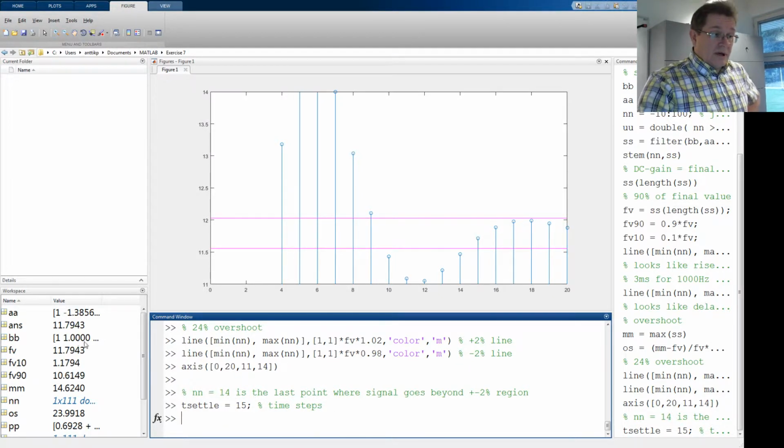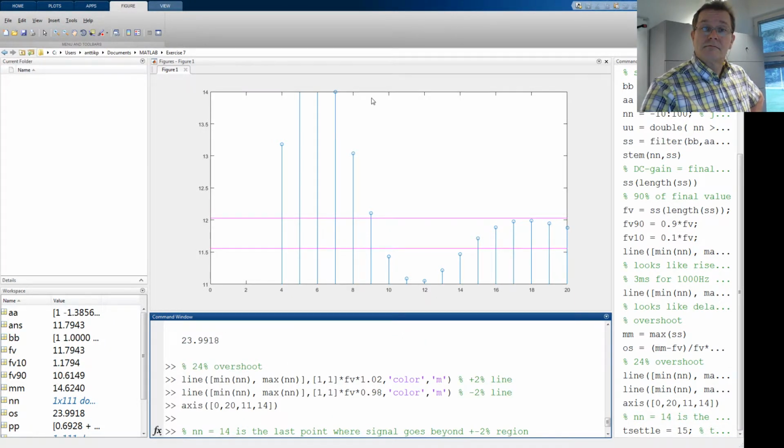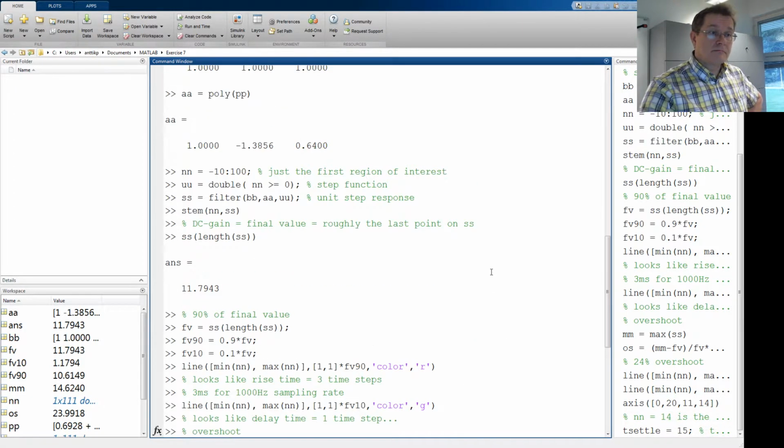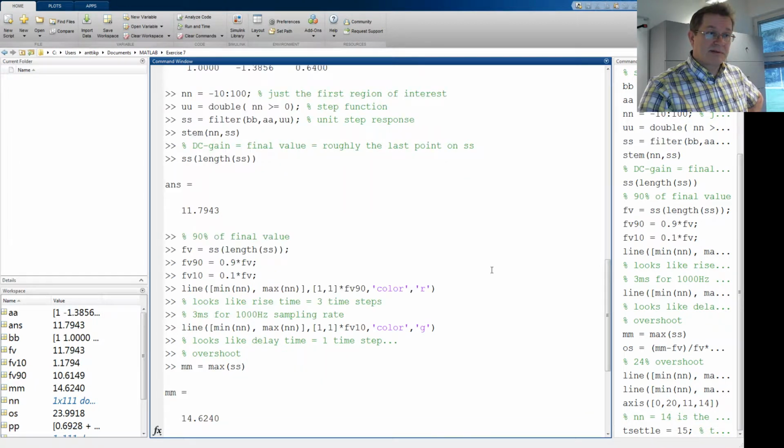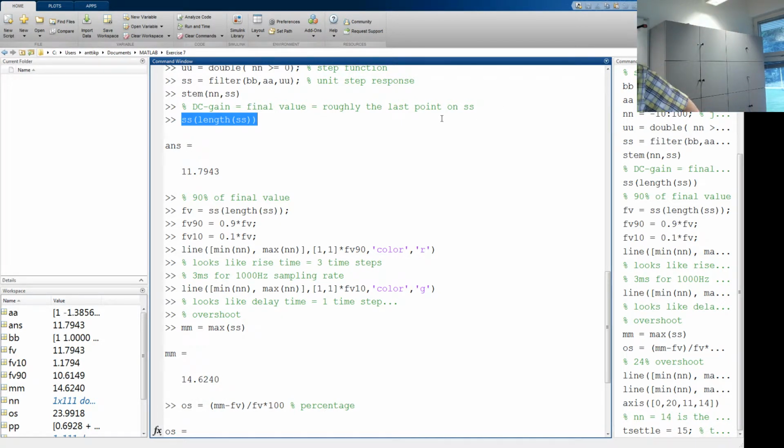Well, first of all, it was the same system, but you have a different system. Then basically calculate the unit step response, stem plot it, and start looking for different values. Roughly the last point of SS, meaning that you must actually observe that the signal has settled enough. What is enough?